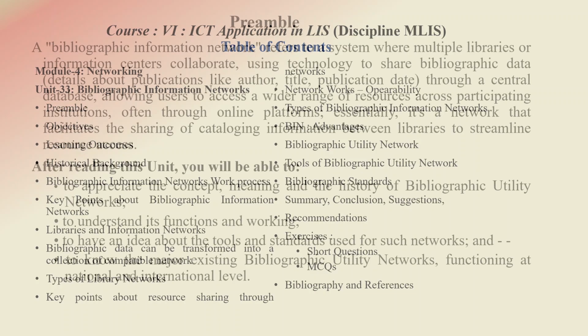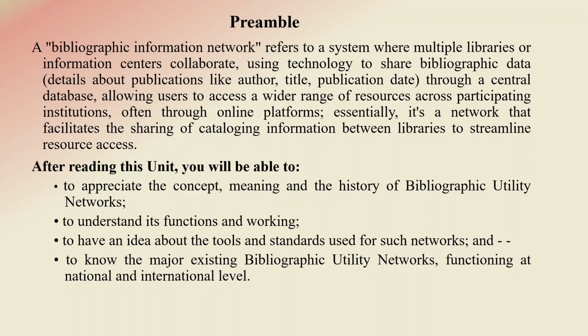So learners, a bibliographical information network refers to a system where multiple libraries or information centers collaborate using technology to share bibliographical data, details about the publication like author, title, and publication date.